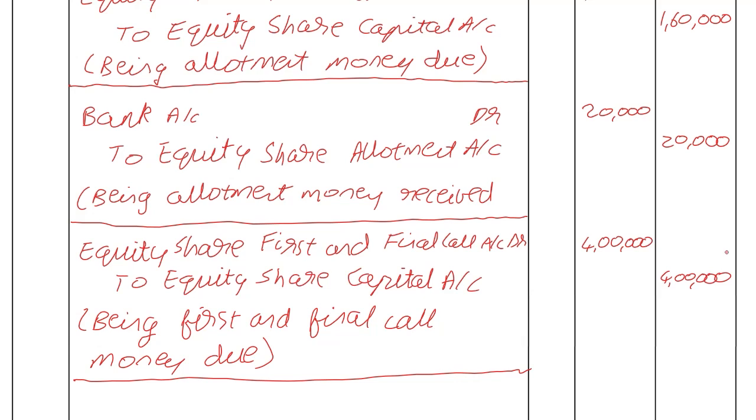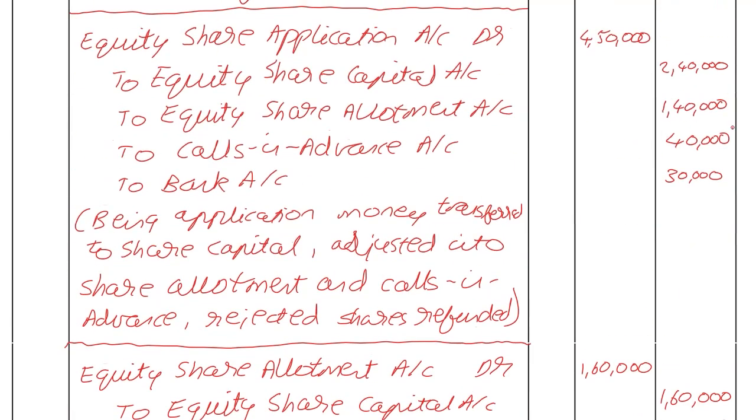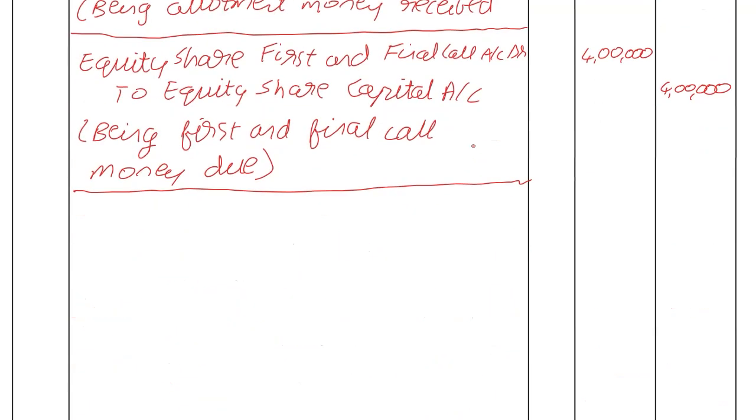Now we have to receive the money, and keep in mind some amount has already been given to us in the form of calls in advance. I know it is this full 40,000 because it is the first and final call. The remaining has anyway gone in allotment. So when I'm receiving the money, some amount I'm receiving and some I've already got. I just have to adjust it in the calls in advance account.